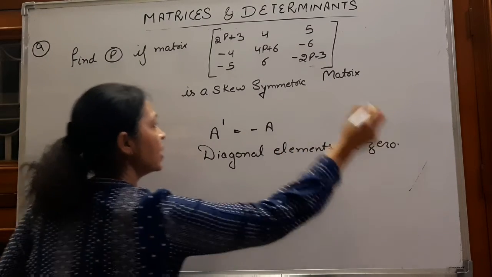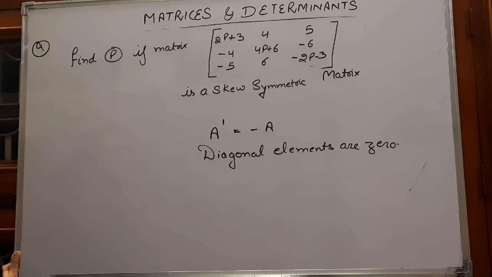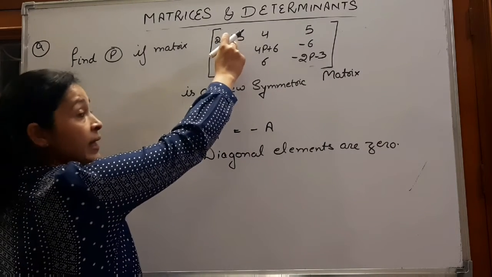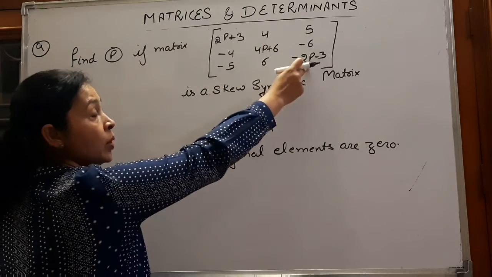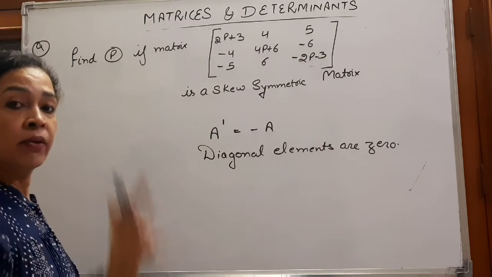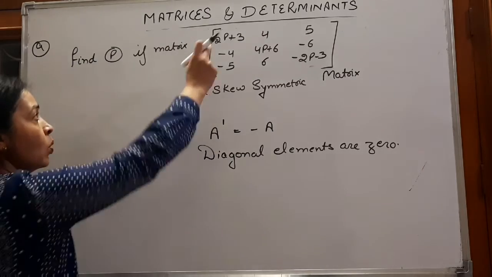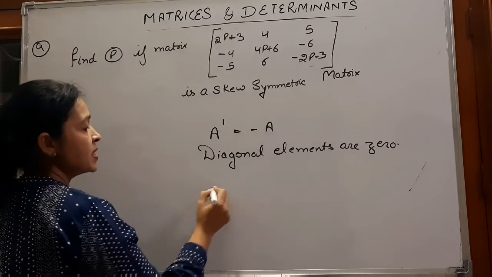The diagonal elements of a skew symmetric matrix are always zeros. What are diagonal elements? Element A11, A22, A33, where the row and column are same. These are diagonal elements. Now, diagonal elements must be 0.